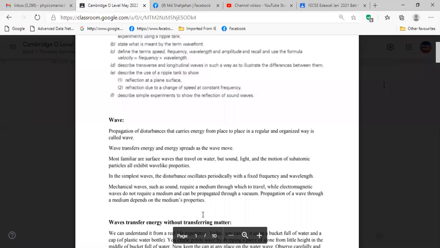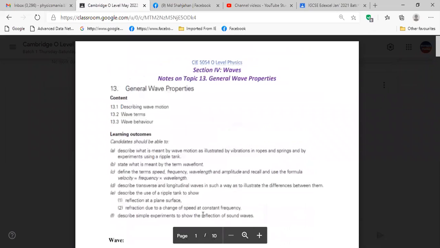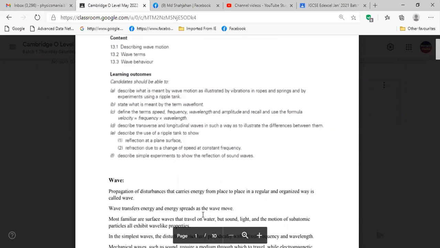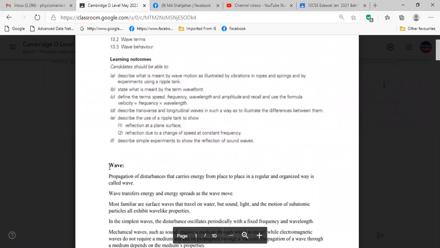So here you write, you both have the record copy, right? Yes, sir. Please write the topic name, topic 13, general wave properties, and write today's date. Then you write this heading, wave. From this part, you do not need to write everything.